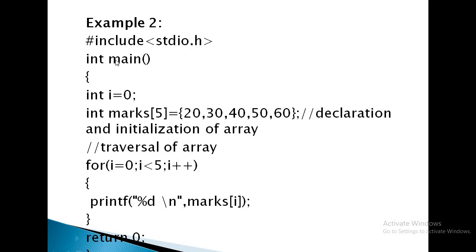Example 2. Here int i equal to 0. The data type is integer, the array name is mark, the array size is 5, with values 20, 30, 40, 50, and 60. Within this line we declared the array size and the initialization of the array, and then we are using the for loop, i equal to 0, i less than 5, i plus plus.